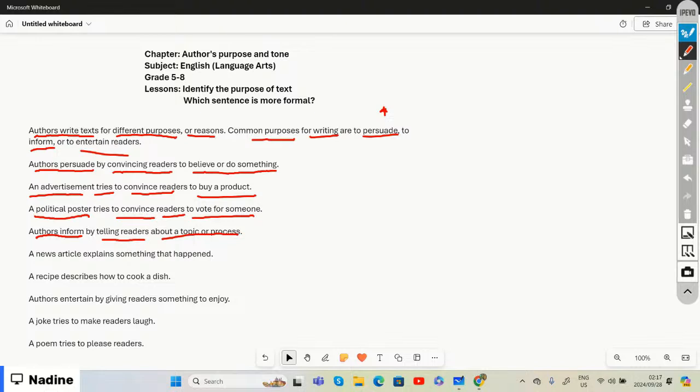So this is a specific topic that we will be talking about. This is the process of how we're going to be doing something. That is also what authors are trying to inform you about.